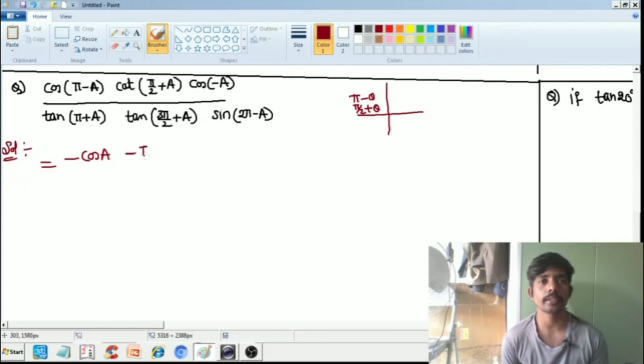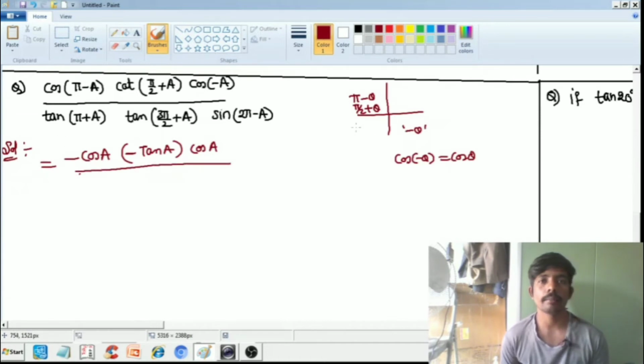That's the reason: minus tan a into cos of minus theta, which lies in the fourth quadrant. We can write cos of minus theta is equal to cos theta, because in the fourth quadrant cos is positive and secant is positive, remaining all are negative. So I am writing cos a.